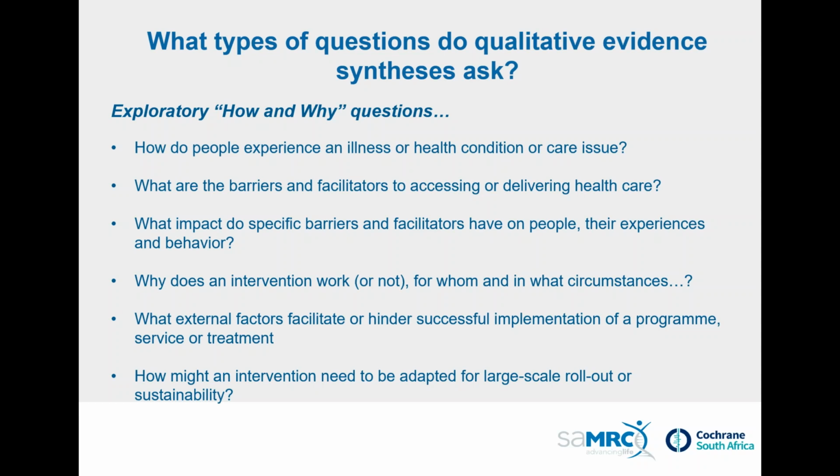So, for example, the kind of questions that a qualitative evidence synthesis might ask include: how do people experience an illness or health condition or care issue? What are the barriers and facilitators to accessing or delivering healthcare? It could ask: what impact do specific barriers and facilitators have on people, their experiences, and their behavior?